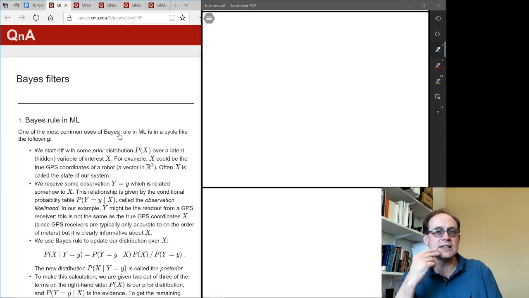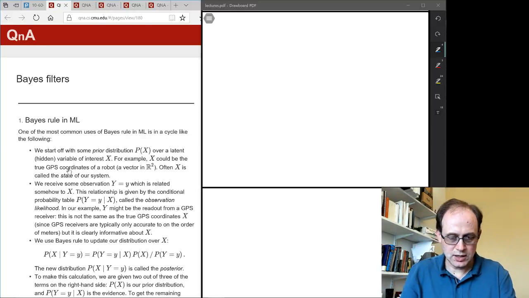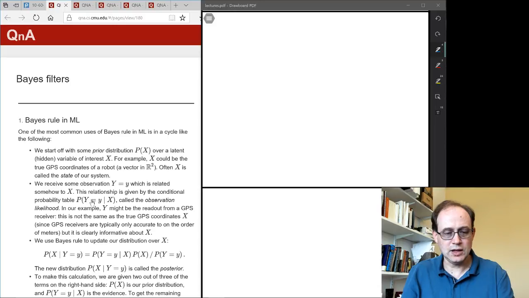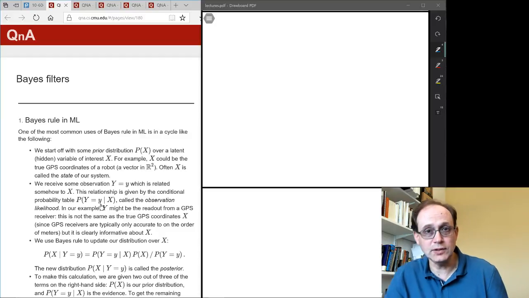And we can summarize that information with what's called the observation likelihood, which is just another name for the conditional distribution of the observation given the state. In particular, it's this table right here. Without the little y, p of capital Y given capital X would be a two-dimensional table, and we've fixed the observation to the value that we actually saw.